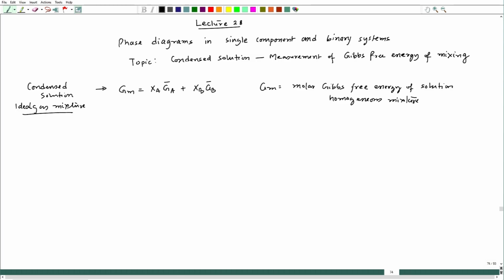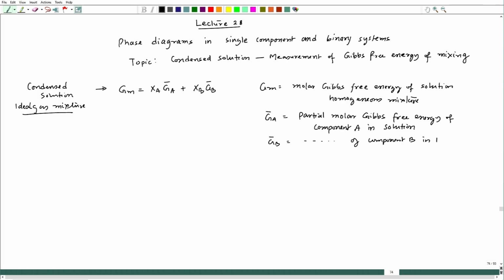Both the cases it can be applicable, where Gm is molar Gibbs free energy of the solution and Ga bar is partial Gibbs free energy of component A in solution, and Gb bar is the same thing, the free energy of component B in the solution.